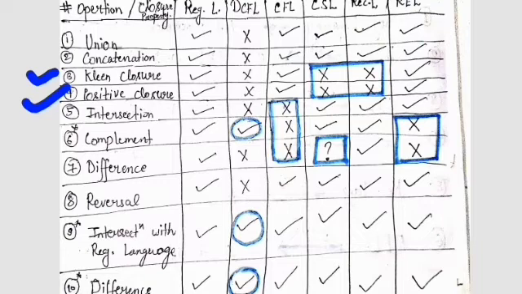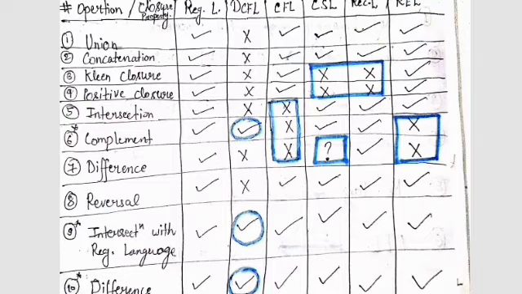And here one is exceptional, the difference property, because in the CFL it may be closed under difference or not, because it is not decidable. So CSL is not closed under the two main properties, Kleene closure and positive closure, and it is closed under all other properties.